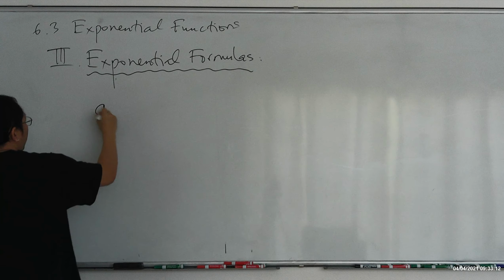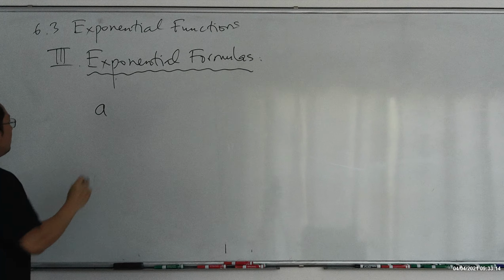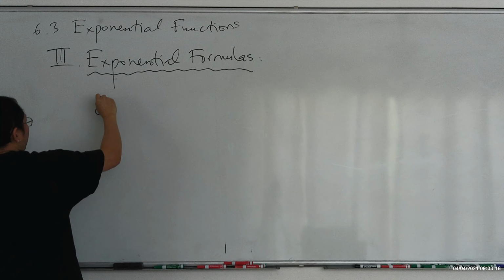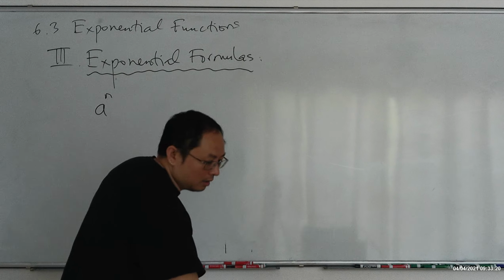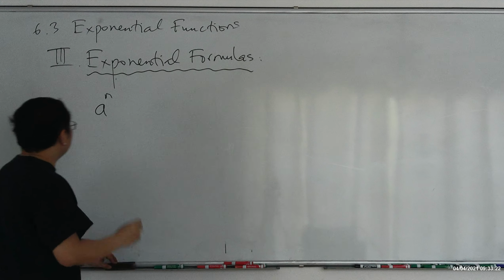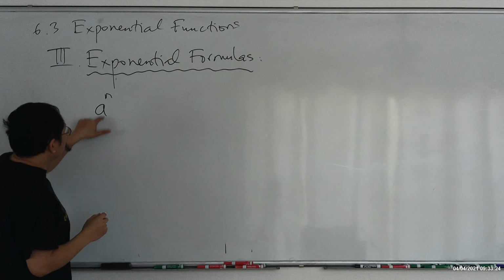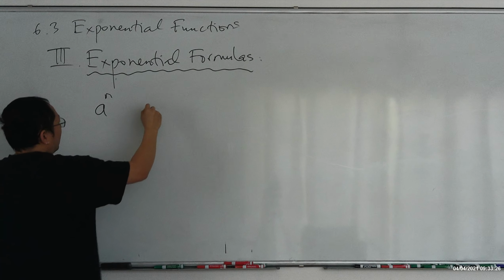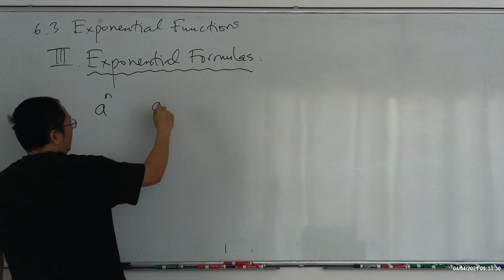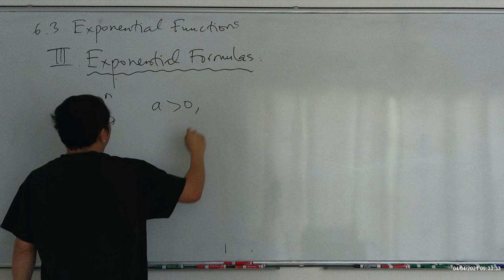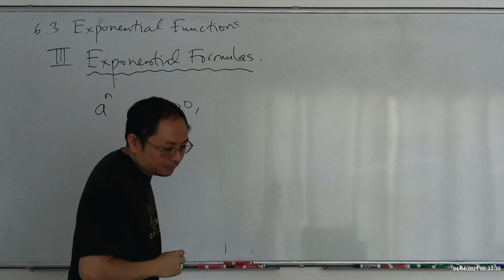I'm going to use a as a base number, and n as the exponent. So if you have a to the n, it's in general. So a here is the base, and n is the exponent. What's the condition here for a? It's got to be positive, and that's good enough.